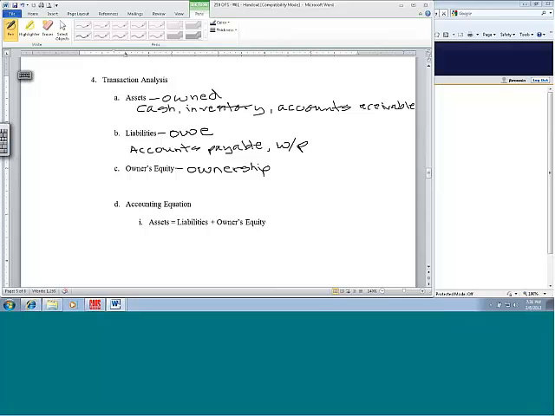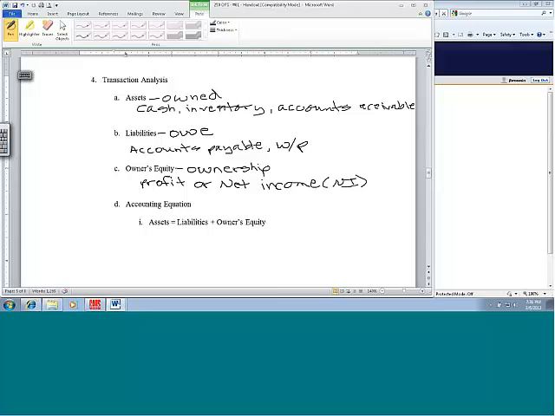So this includes profit or net income, and I'll usually abbreviate that, net income. So profit, net income, those sorts of things. That is the retained ownership of the company.